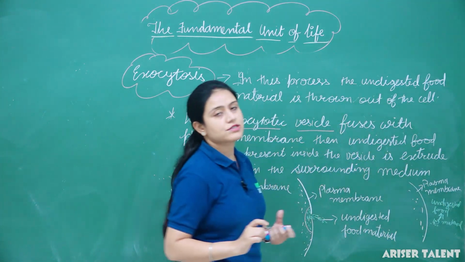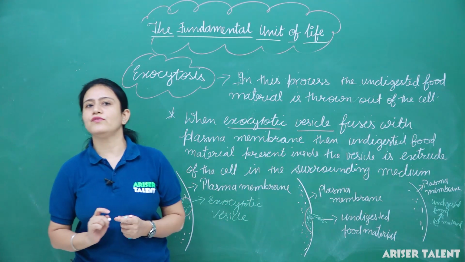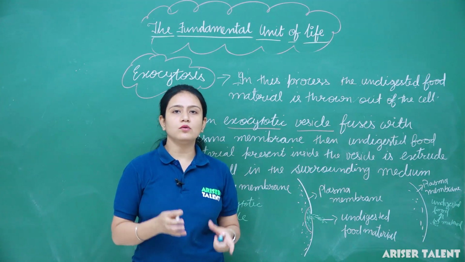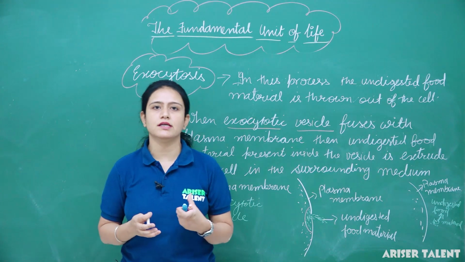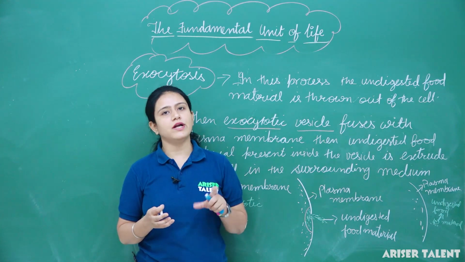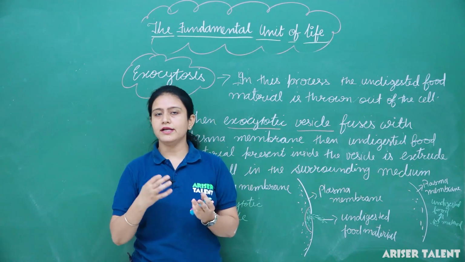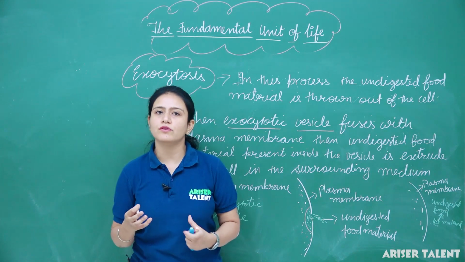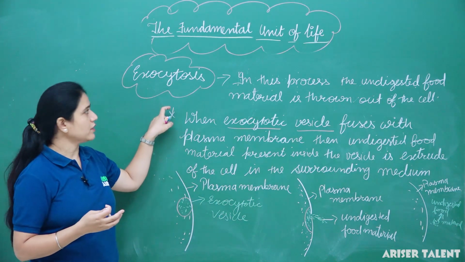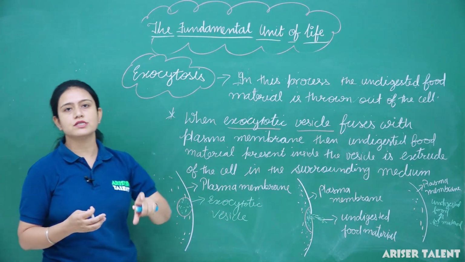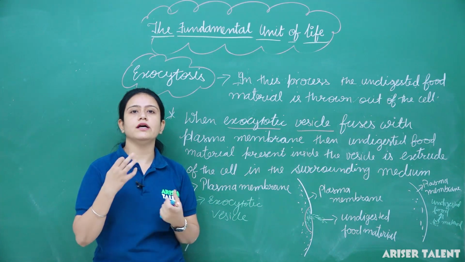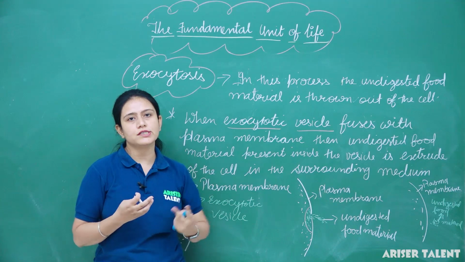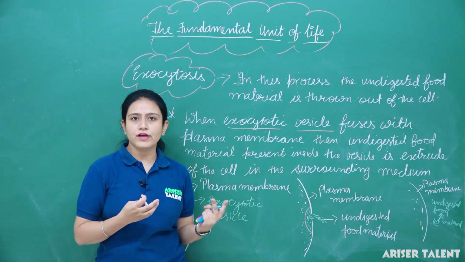So here we have studied the whole process of active transport, meaning how the active transport of food material takes place in a cell by the process of endocytosis, and the undigested food material is thrown out of the body through the process of exocytosis. In endocytosis, we have studied two processes by which food is taken in the amoeba: pinocytosis and phagocytosis.